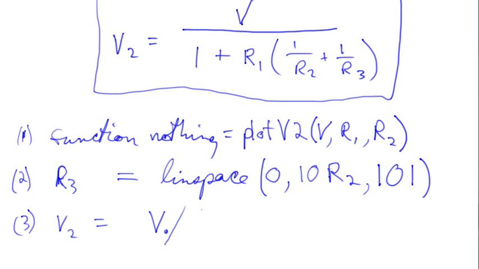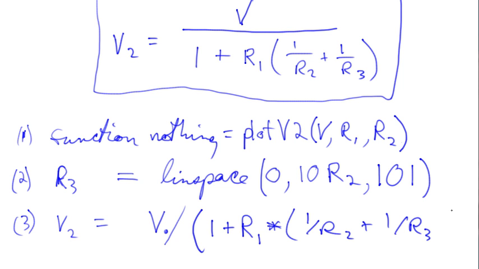And then 1 plus R1 times 1 slash R2 plus 1 slash R3. This is going to have to be a dot slash as well, because R3 is the array. Then I'm just adding numbers to it, so that's not a problem.